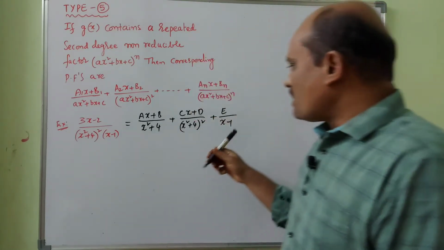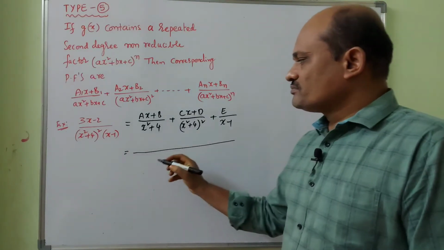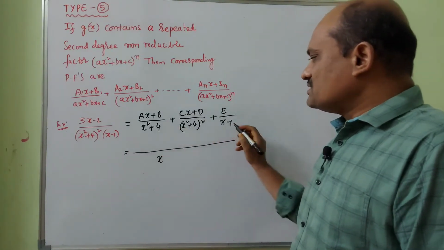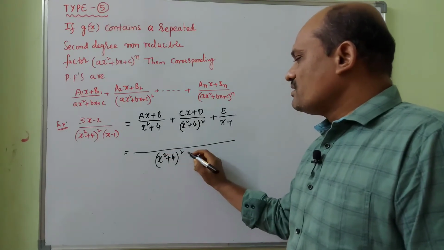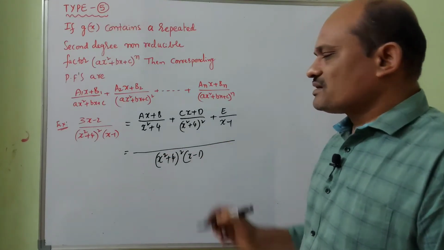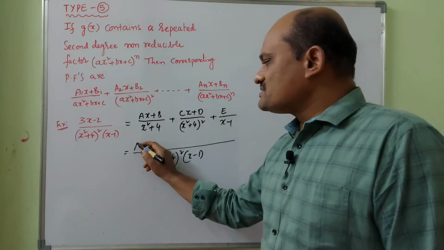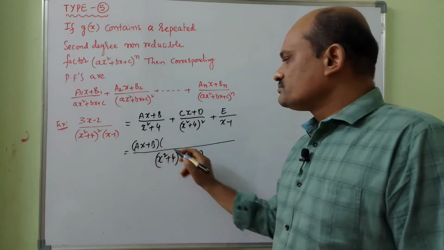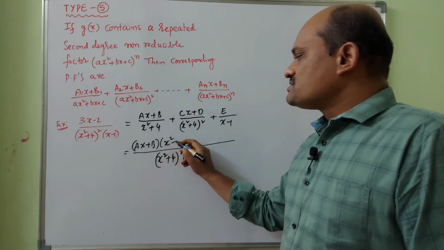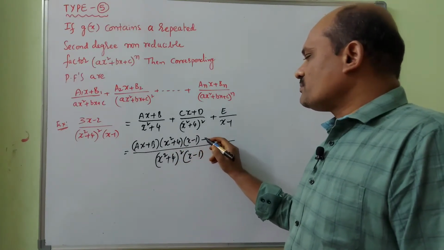First let me write the LCM. The LCM of all these 3 terms is (x square plus 4) whole square into (x minus 1). Here x square plus 4 gets cancelled, remaining is (ax plus b) into (x square plus 4) into (x minus 1).